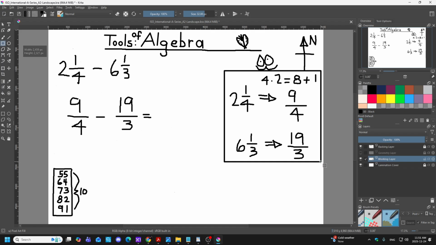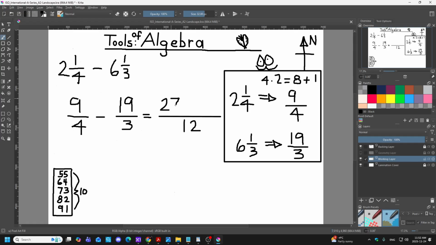All right, I'm going to continue to work here. I'm going to go with 4 times 3. Common denominator is going to be 12. 4 times 3 is 12. 9 times 3 is 27.